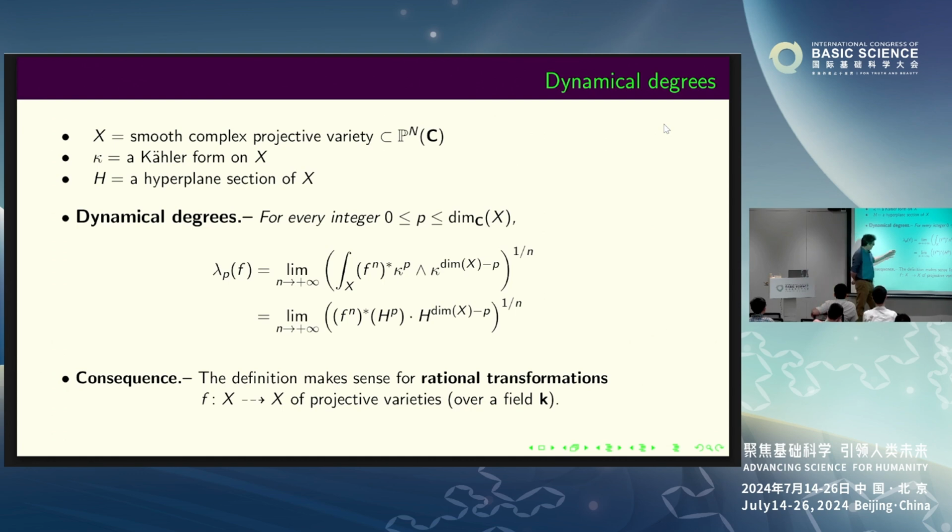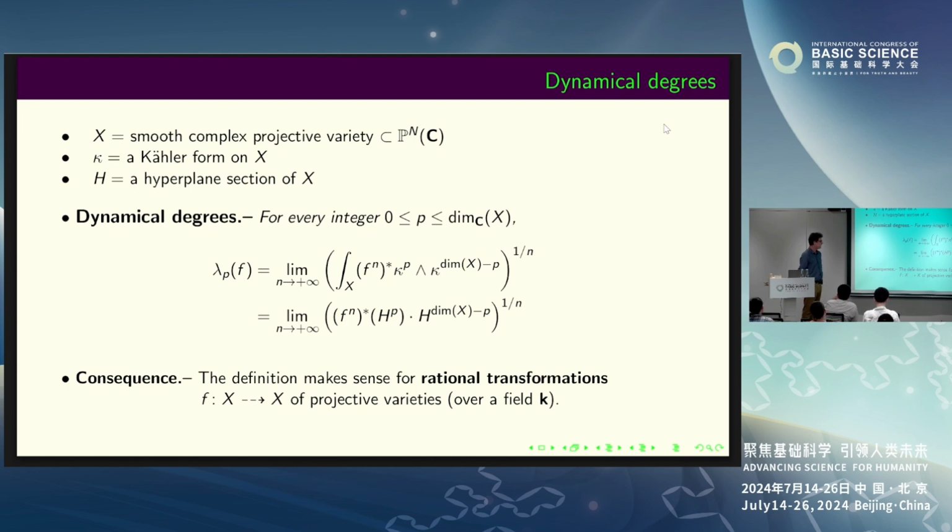So this is a pure notion of algebraic geometry, except that I iterate, so there is some dynamics in it. I don't need to assume the map to be smooth. I don't need to assume that the projective variety is smooth either. I can do that for any rational transformation of any projective variety.